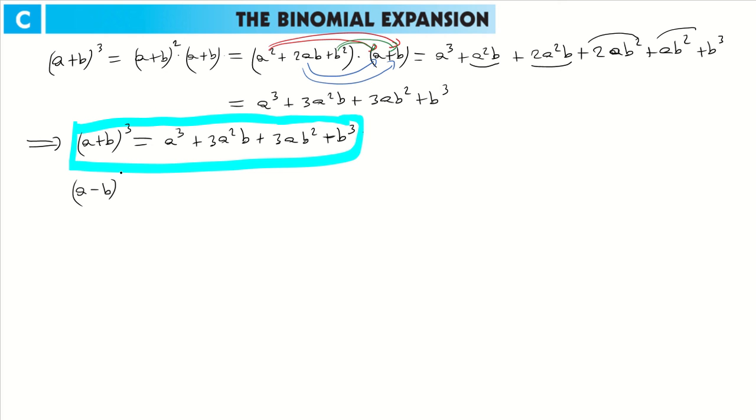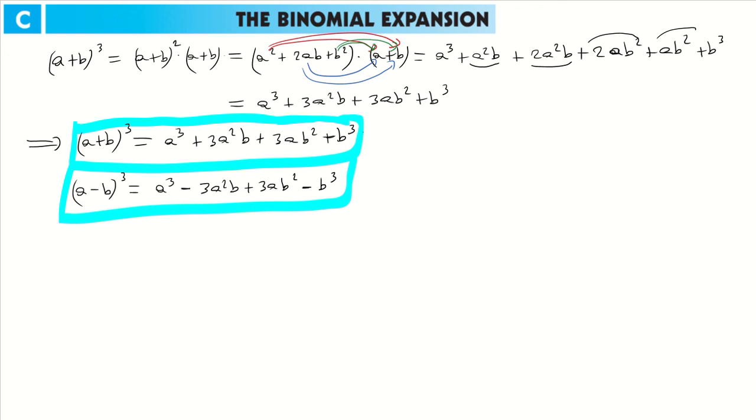So (a - b)^3 is equal to a^3, and then instead of the plus, we have a minus 3a^2 b. We keep this plus 3ab^2, and this becomes a minus. So it's almost the same. The only difference is that we have a minus here and a minus here.